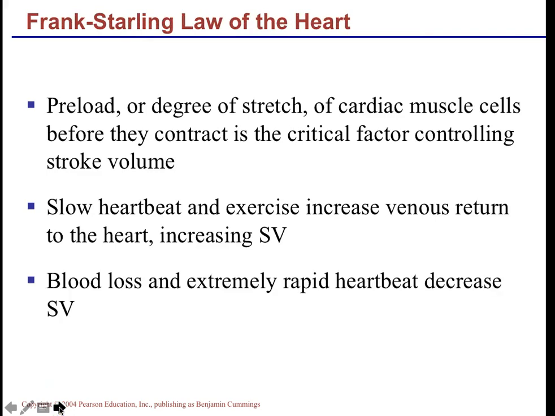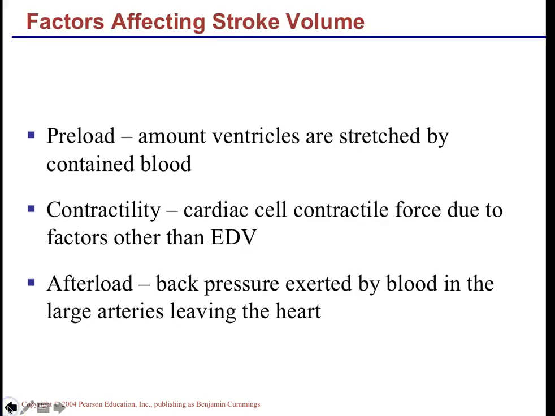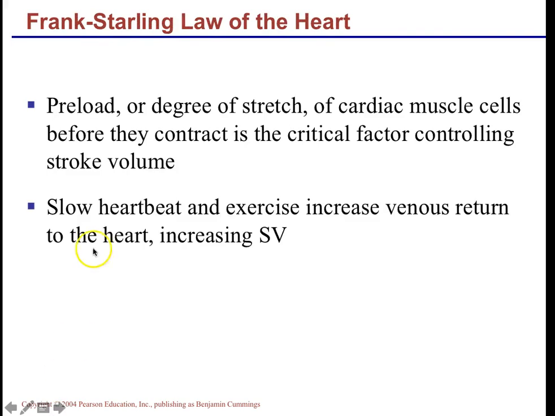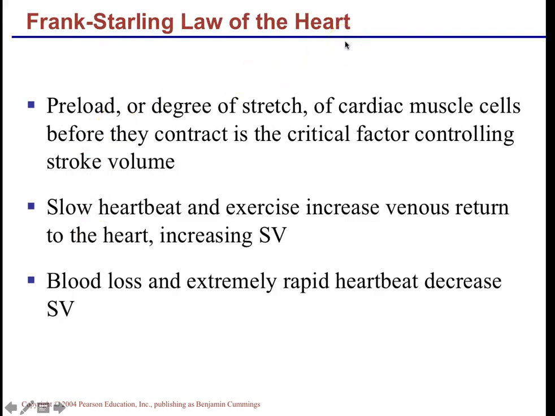And there's another term that I do want to talk to you about. Actually, I think I'm going to talk about this first. I'm going to talk about Frank Starling's law of the heart first, and then I'm going to go back. Two guys, Frank and Starling, did some terrible experiments on dogs.